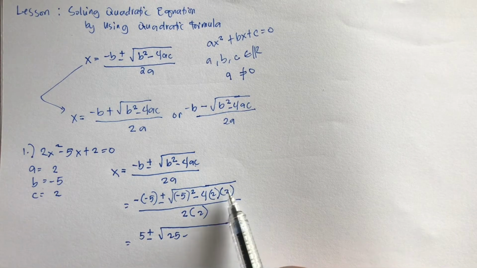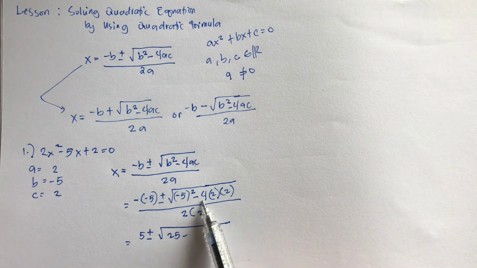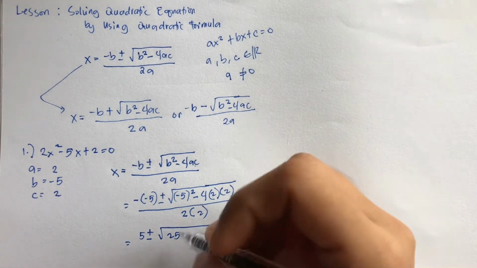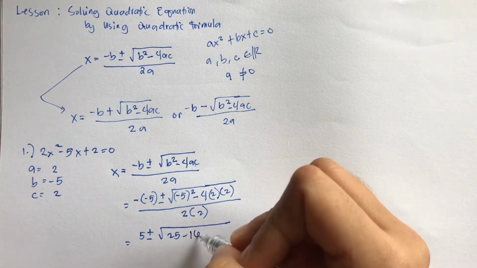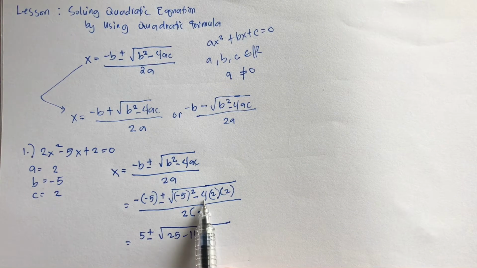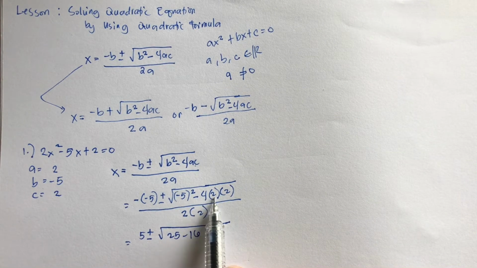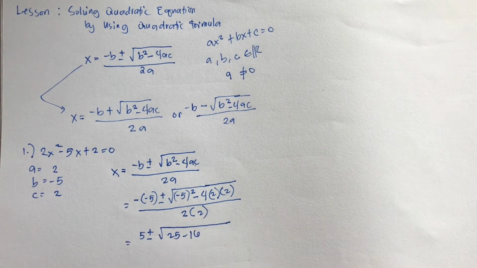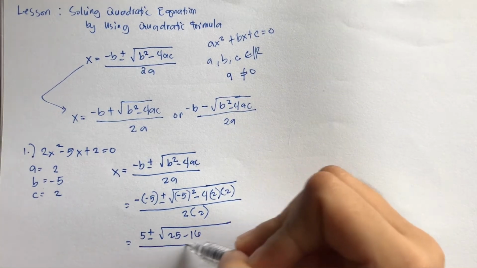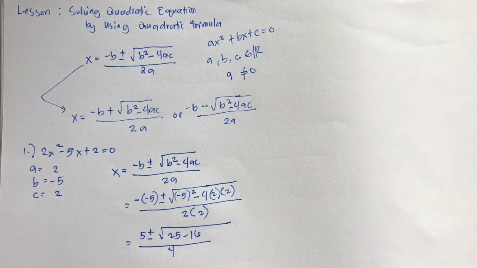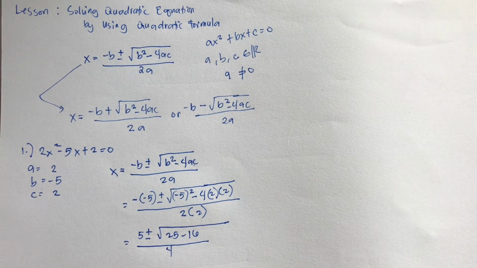We could start with 2 times 2, that's 4, times 4, that's 16, or we could also start on the left side, 4 times 2 is 8, times 2 is 16. Now with multiplication, it won't matter whether you start from the left or the right, since that is multiplication, it is called the commutative law. Okay. All over 2 times 2, that's 4. Is that correct?